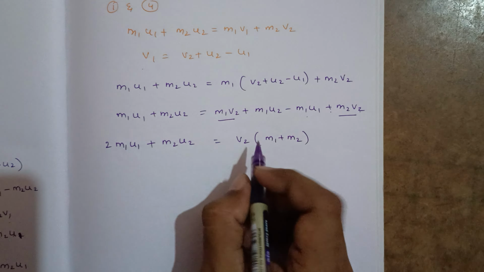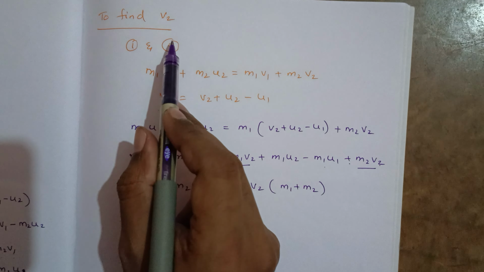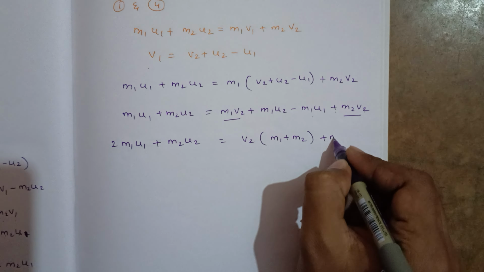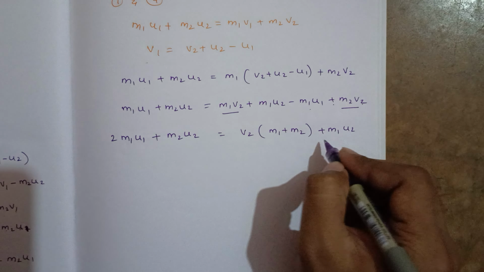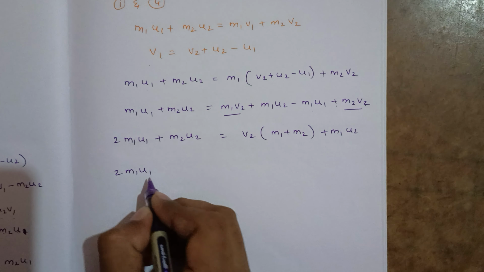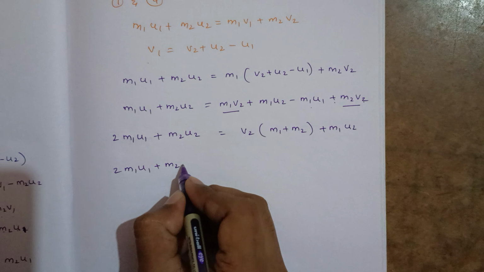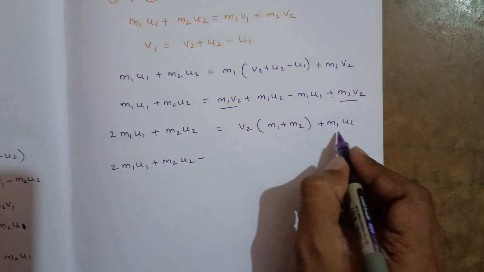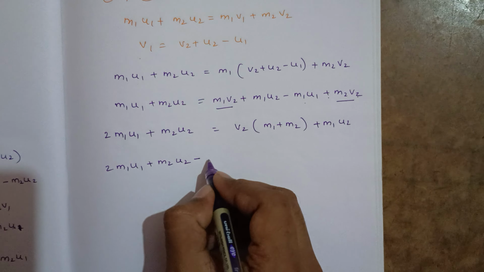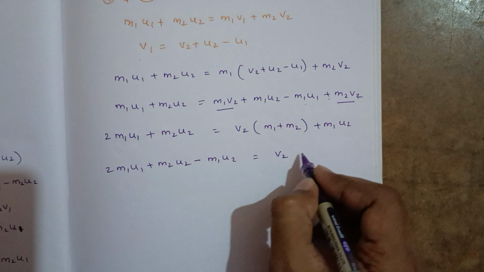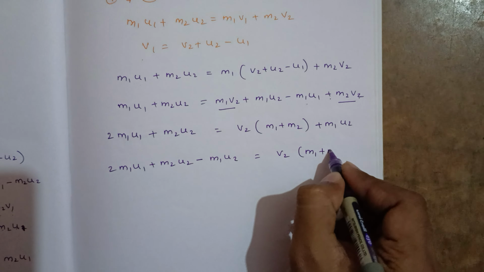What should we find here? v2 we should find here. So v2 I am taking common, then remaining is plus m1 u2. This m1 u2 also I am taking to this side. 2m1 u1 plus m2 u2 minus m1 u2, this is plus here, coming this side minus, equal to v2 into m1 plus m2.